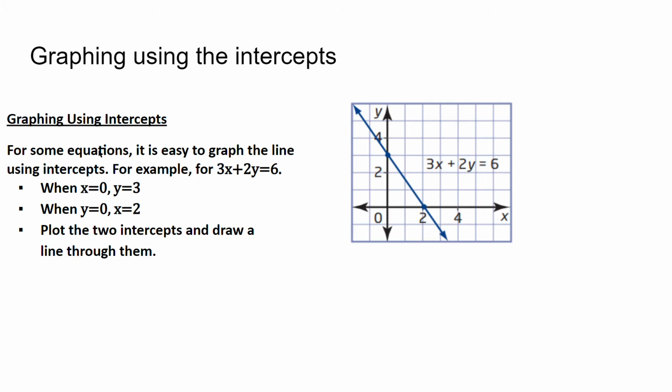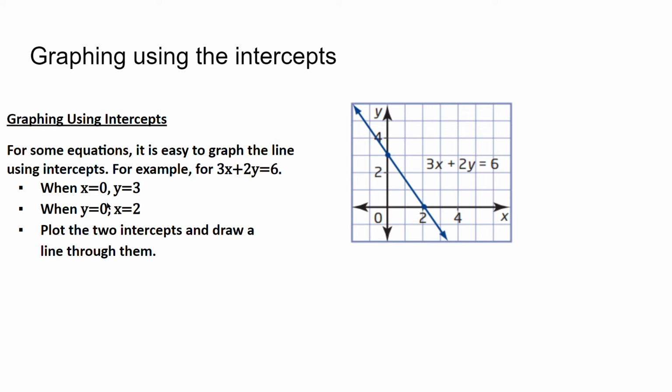For some equations it is easier to graph the line using intercepts. For example, for 3x plus 2y equals 6, we know that when x equals 0, y equals 3, because 2 times 3 equals 6. And when y equals 0, x equals 2, because 3 times 2 equals 6.